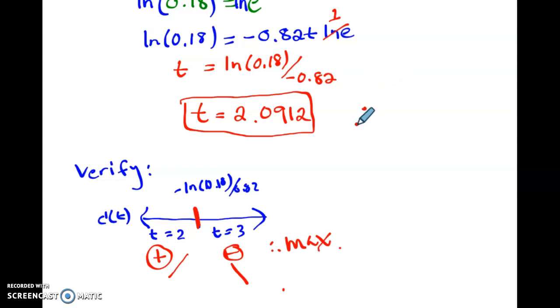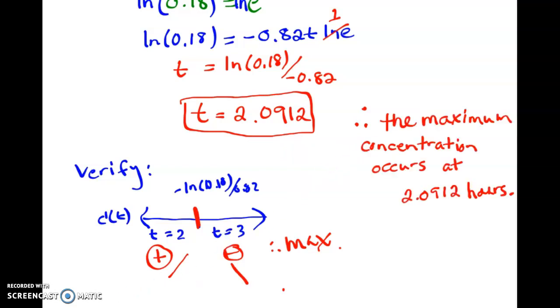Then we can make our concluding statement now that we have confirmed that it is actually a maximum. The maximum concentration occurs at 2.0912 hours. We double check that that's answered our question, which was to find when the maximum concentration occurs, and we have in fact answered it, and we are done. We can move on to our next example now.